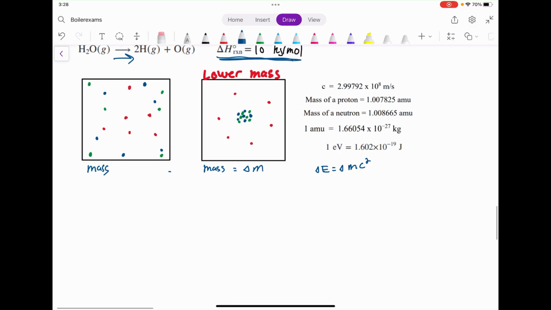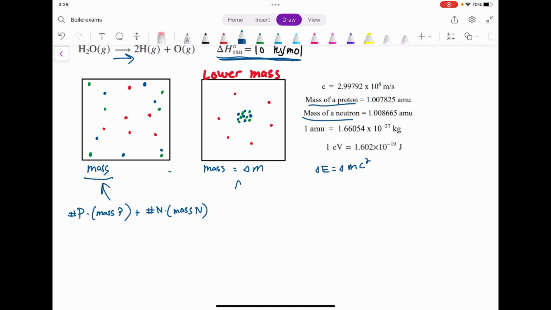I could calculate this mass using the mass of a proton and the mass of a neutron. I could take my number of protons times the mass of a proton, whatever that is, and add up my number of neutrons times the mass of a neutron. That would give me this mass.